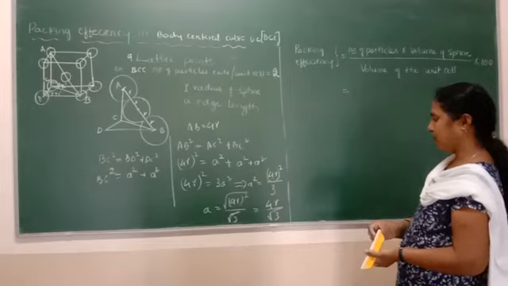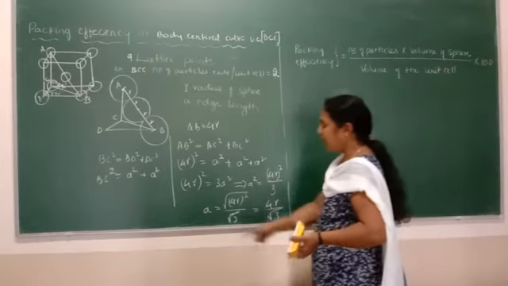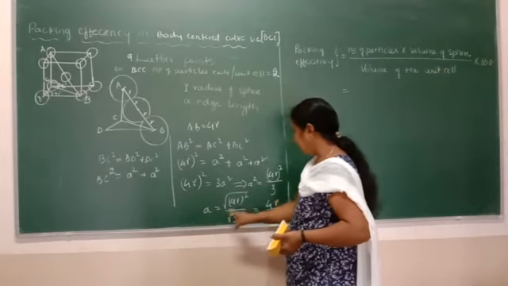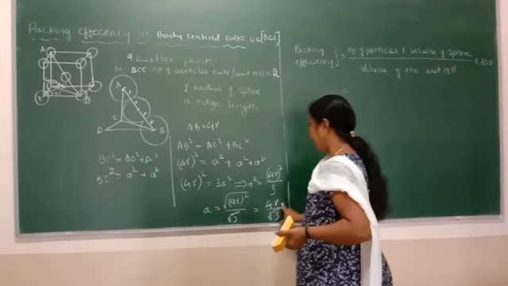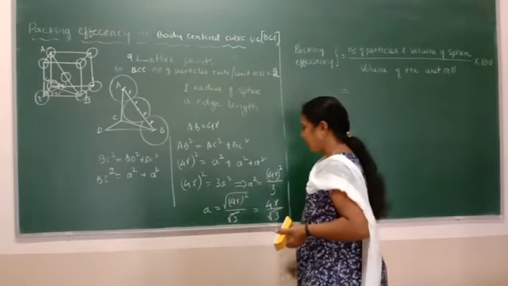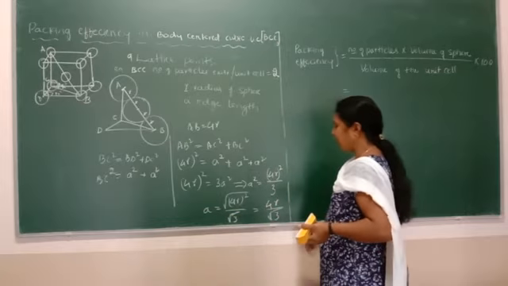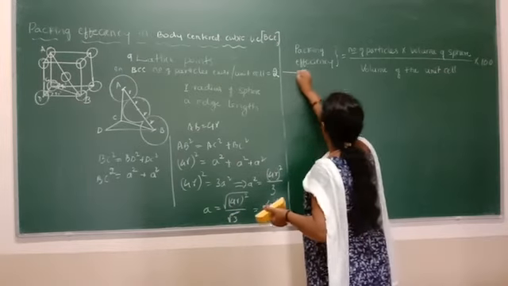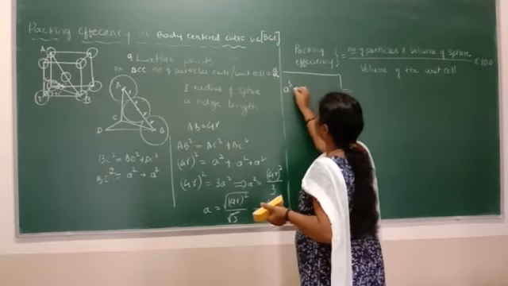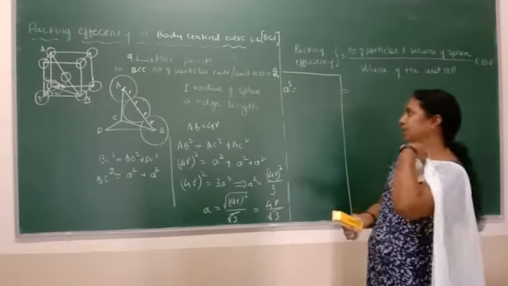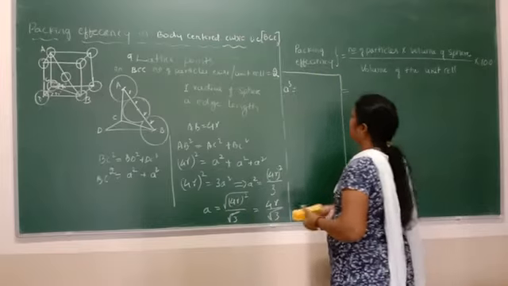4r by root 3. A is nothing but one of the edge lengths. So the relation between A and r in case of BCC is found to be A is equal to 4r by root 3. Next, we will go for the calculation of A cube. A cube is the volume of the unit cell, or the volume of the cube.